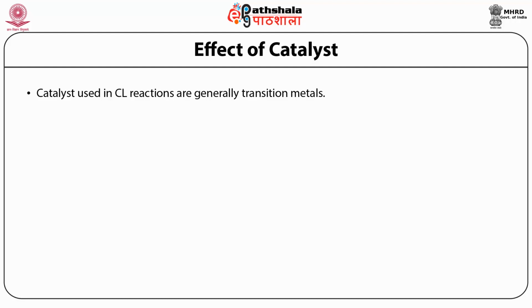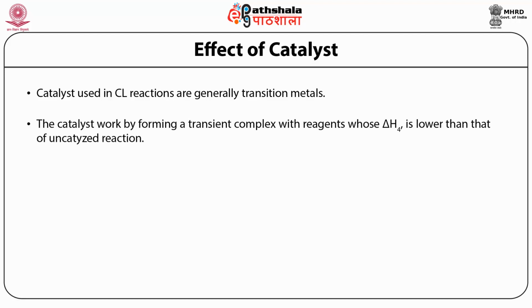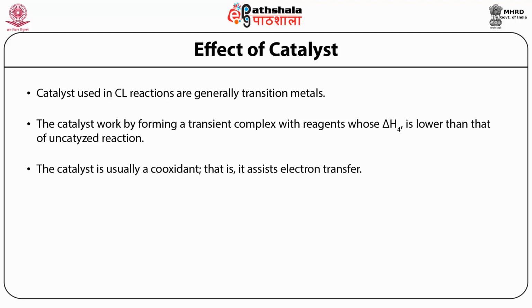Catalysts used in chemiluminescent reactions do not have simply a positive effect. It's not that the catalyst always results in an increase in the chemiluminescent reaction. The catalyst works by forming a transient complex with reagents whose delta enthalpy, or change in enthalpy, is lower than that of the uncatalyzed reaction. The catalyst is usually a co-oxidant, that is, it assists in electron transfer.